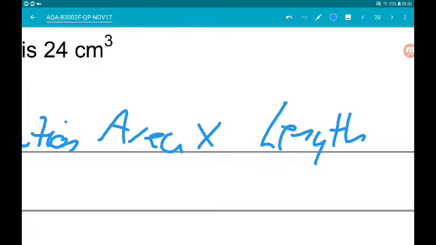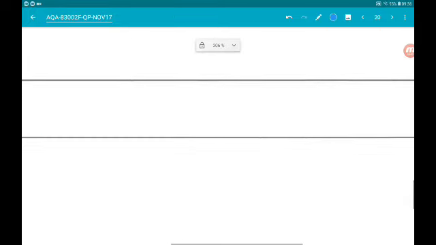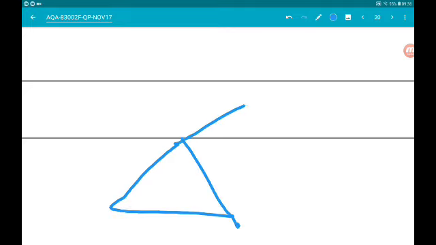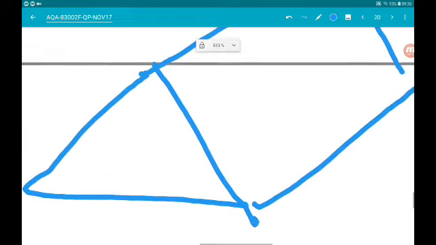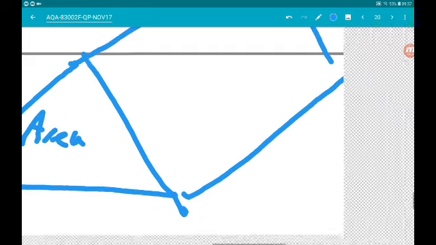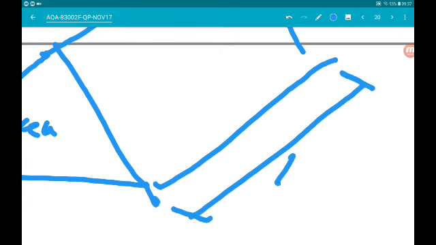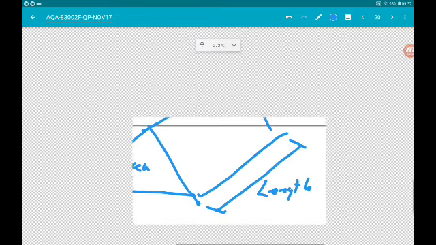To give you an example, a prism is a 3D shape with all straight sides. So, for example, a triangular prism looks like that. So we find the area of the face times the length of the prism, and that gives us the volume.